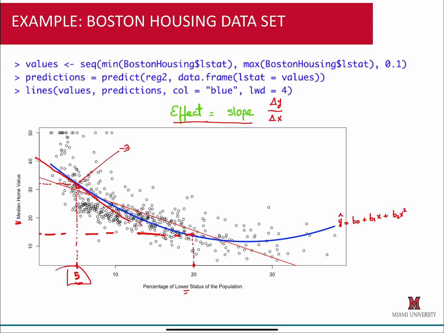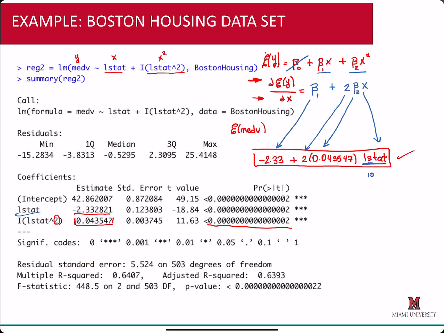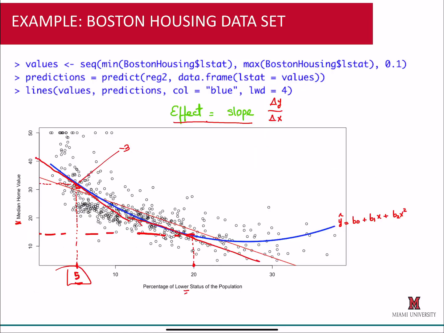Again, think about the slope in this case; it is going to be maybe not as steep as the one that we saw before. So that effect will be twice the value of the parameter estimate, but we need to know the exact lower status of the population in order to know that specific slope.